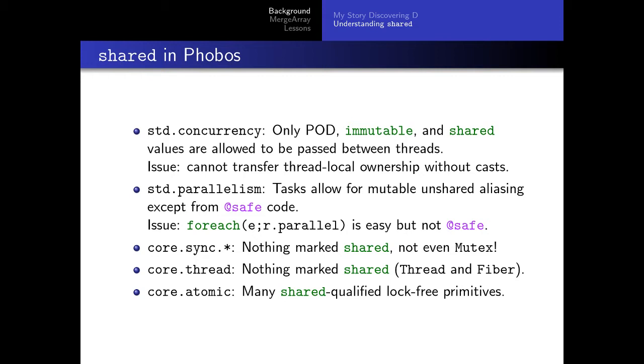But there's no nice way, at the moment at least, to transfer thread local values without doing casts. Unique would be nice, but currently it doesn't recognize it, and it can also be difficult to make sure that you're actually sending a unique value; there are bugs associated with that.